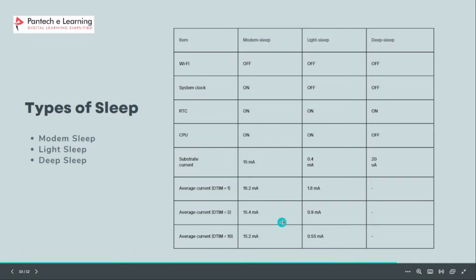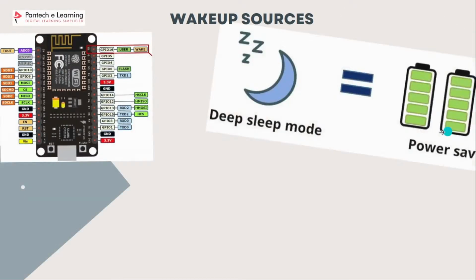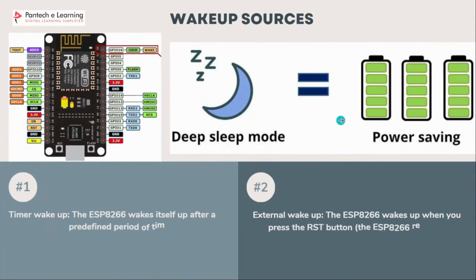Note that the power consumption in the table refers to the ESP8266 as a standalone chip. When we are using a development board, it has passive components that use more current. See here, they all have different purposes and should be used in different applications. But here we will cover deep sleep mode.